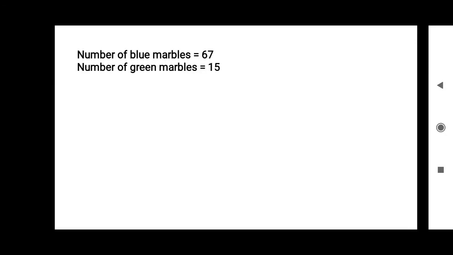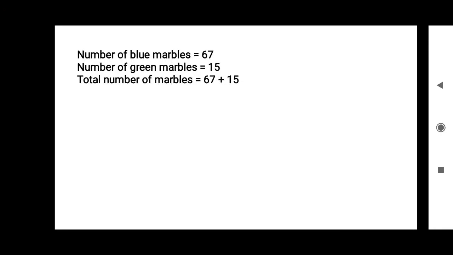Now as we have just seen that the keyword is altogether, that means it's an addition word problem. Now the next statement will be total number of marbles that we have to find out, and that we will get only after adding the two numbers, that is 67 and 15.